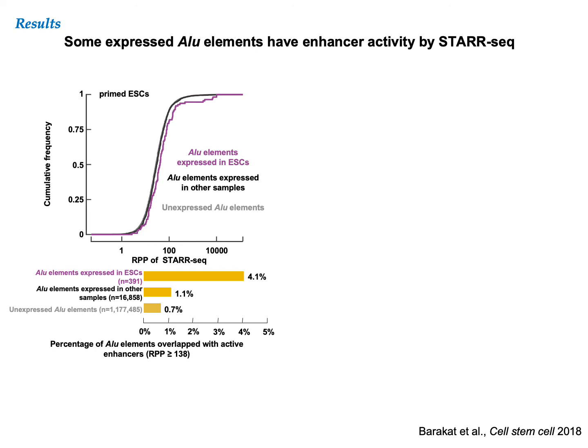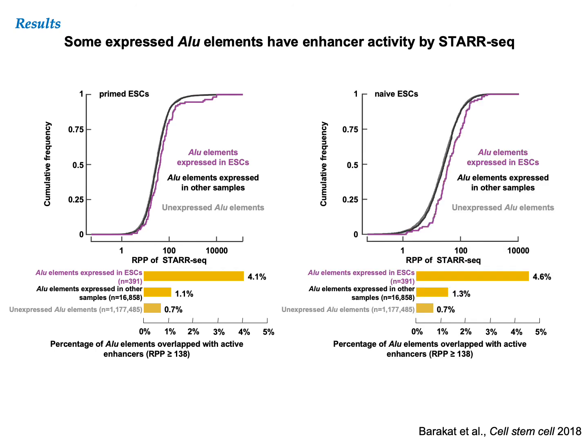We detected a 4-fold increase in the Alu elements expressed in embryonic stem cells over the Alu elements expressed in other samples or unexpressed in any samples. We observed similar results using STARR-seq data in naive embryonic stem cells.